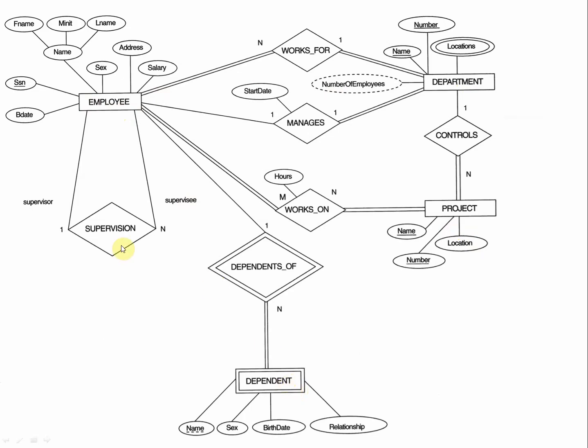Among those, there are multiple relationships connecting to each other. We have one-to-one relationships. We have 1, 2, 3, 4 one-to-N relationships, and we have another M-to-N relationship. Among all of those one-to-N relationships, this is a recursive relationship.